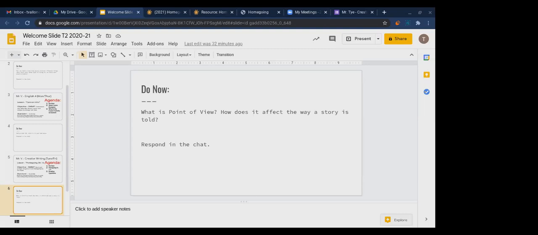So how can that story be affected by different points of view? What do we think? You can respond in the chat, or you can turn on your mic and come off mute and answer that way. How can different points of view affect how our story is told? What do we think?